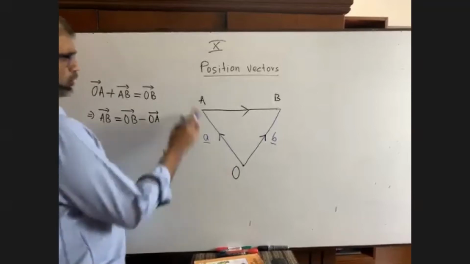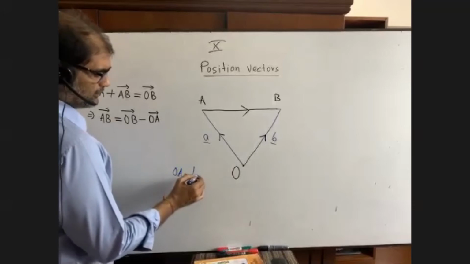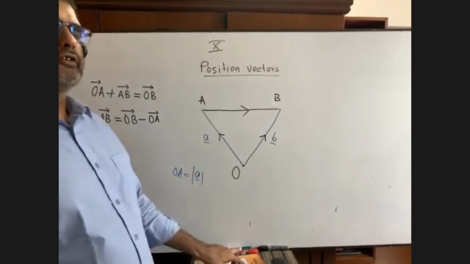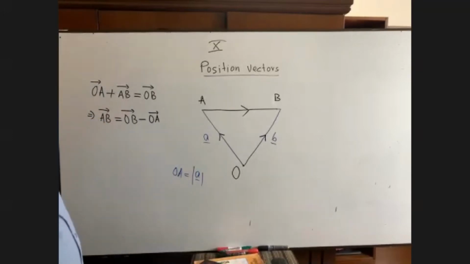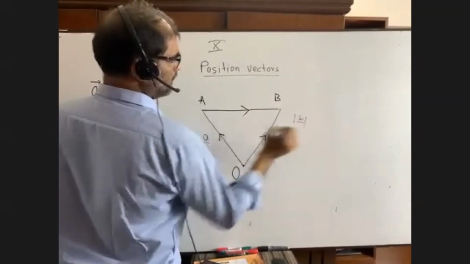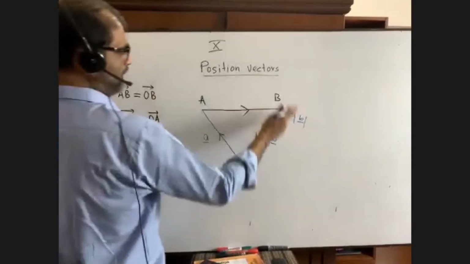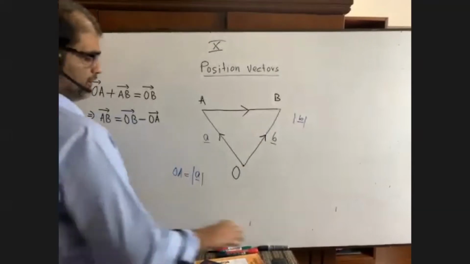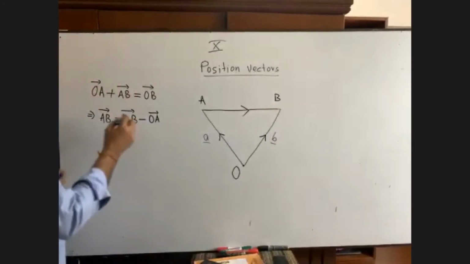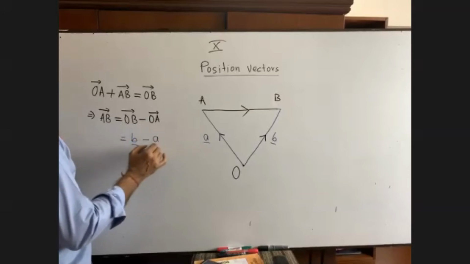That is, from O to A, the distance of OA is A. The distance of OB is B. Please try to understand. So we can write here, OB equals B and OA equals A.